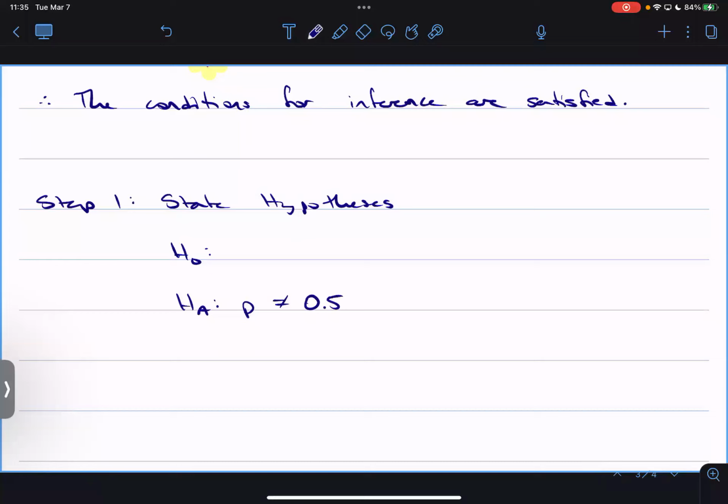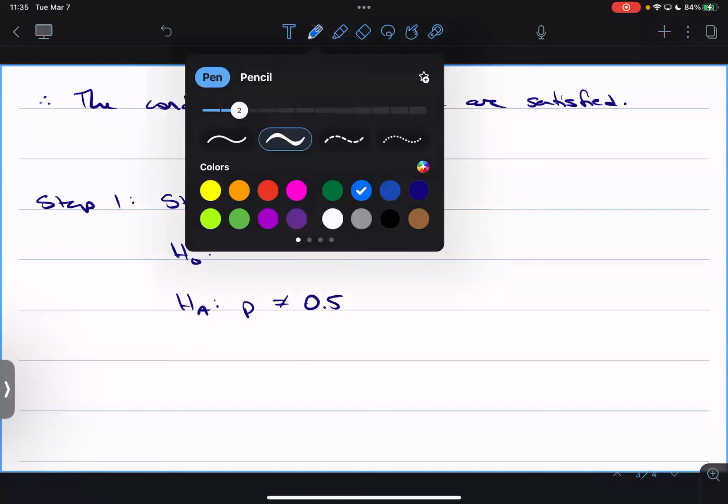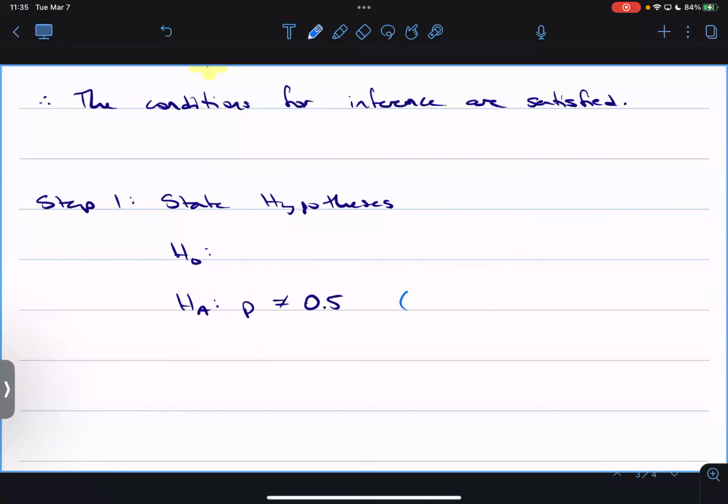So there's also going to be some number that you compare your sample proportion to, and that's the 0.5. What I like to do here is just make a note to myself that this is a two-sided test, right? Because of the not equal to, right? This helps me when I'm looking back and when I'm working on step 3. Oh shoot, what did I have? Oh, I have a two-sided test, which means I'm going to need a two-sided p-value.